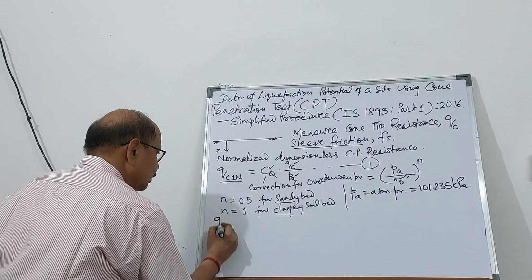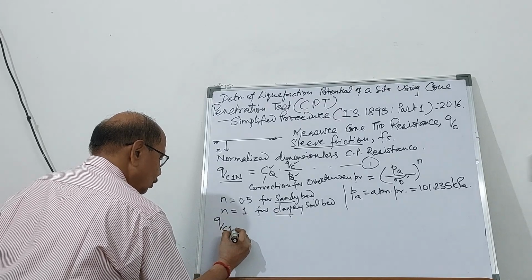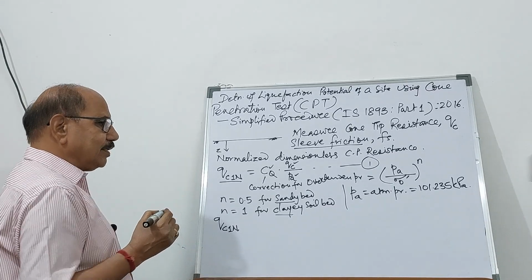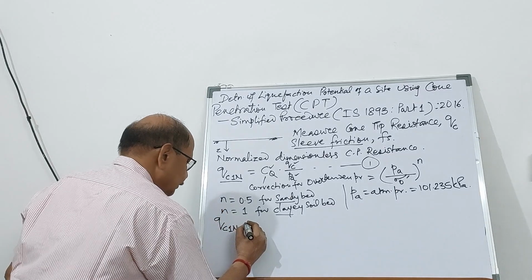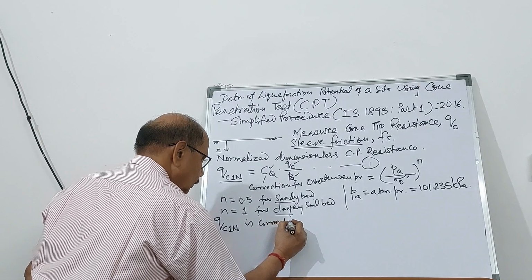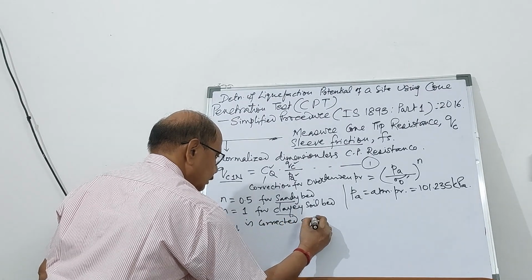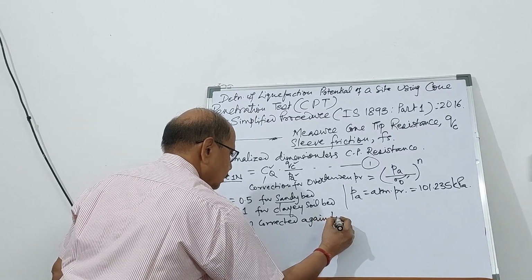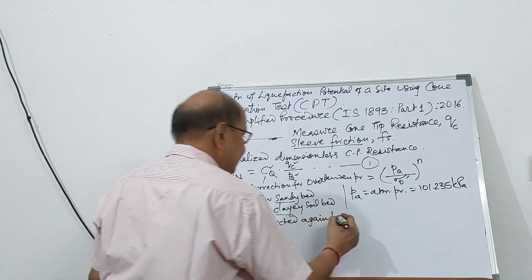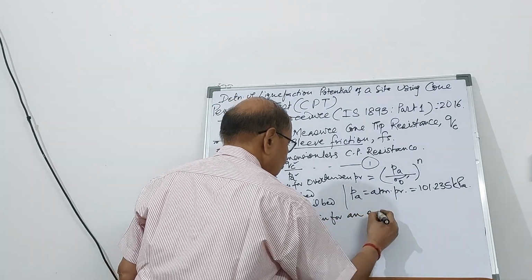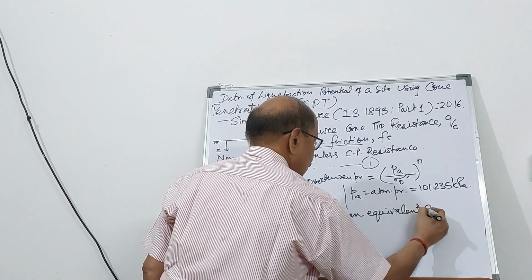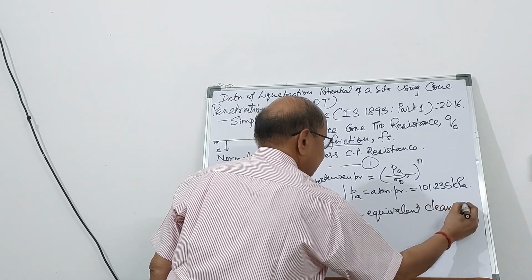So QC1N, which is the corrected value for overburden, is corrected again for an equivalent clean sand.